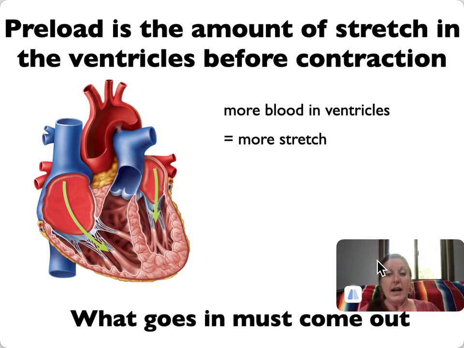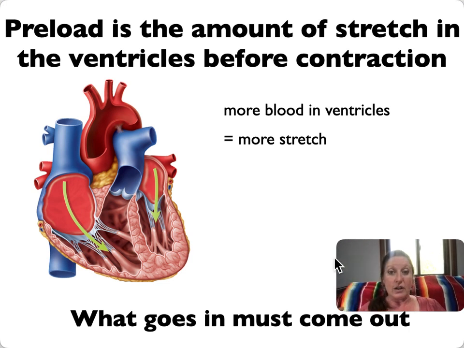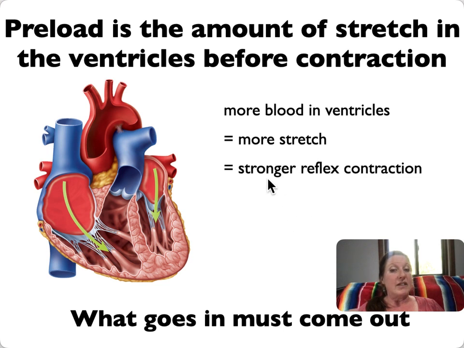stretch a little more. And anytime you stretch a muscle, especially a sudden stretch, it will have a reflex contraction on top of any contraction that you're stimulating it to do with a nerve signal, for instance. So more stretch is going to give us a stronger reflex contraction on top of the contraction that's being stimulated by the SA node.